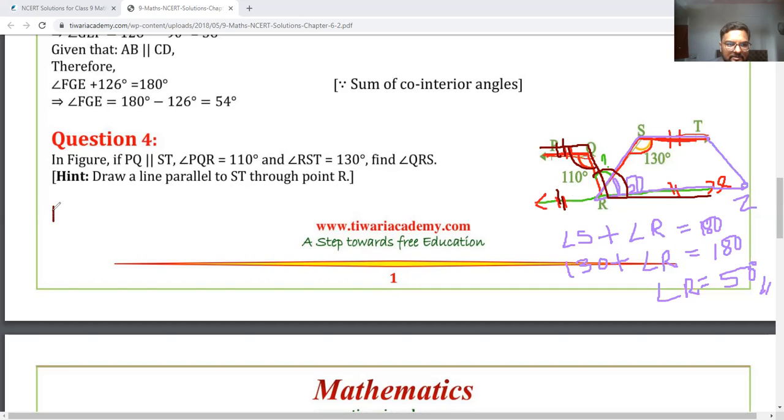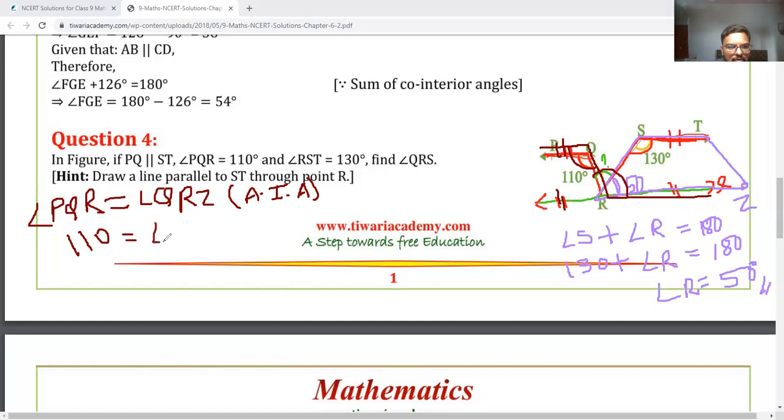So angle PQR is equal to angle QRZ, alternate interior angle. Here we know that PQR is 110 degree, so ultimately QRZ is also 110 degree.